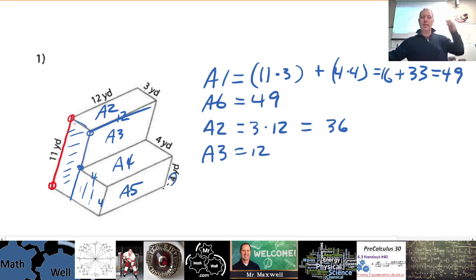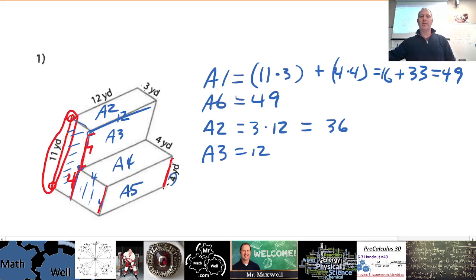The back side of the bench, the overall height is 11. And we're actually given this part right here is 4. Same as this, the same as this. So if this is 4 and this is 11, what's the difference between 4 and 11? And that's going to be this side. Okay? So this length is 11, and this length also has to be 11.